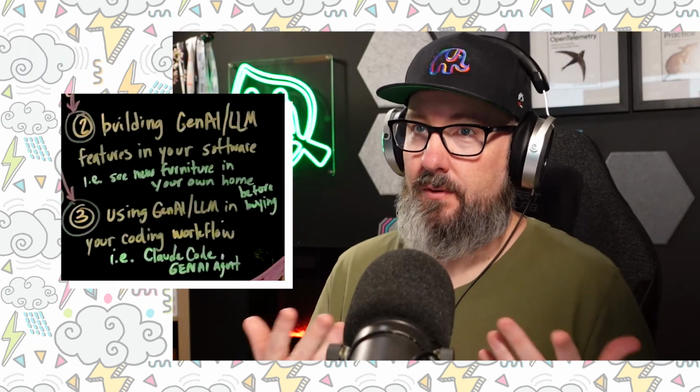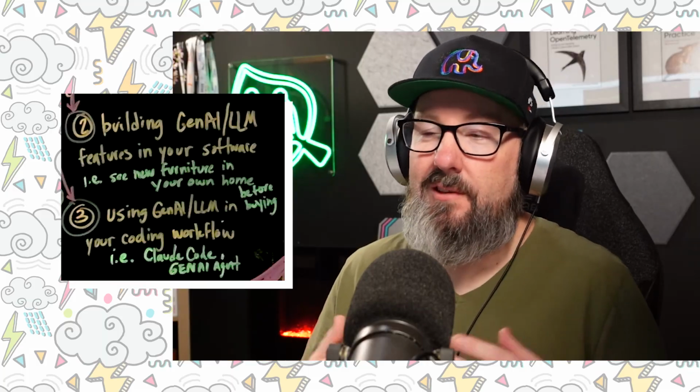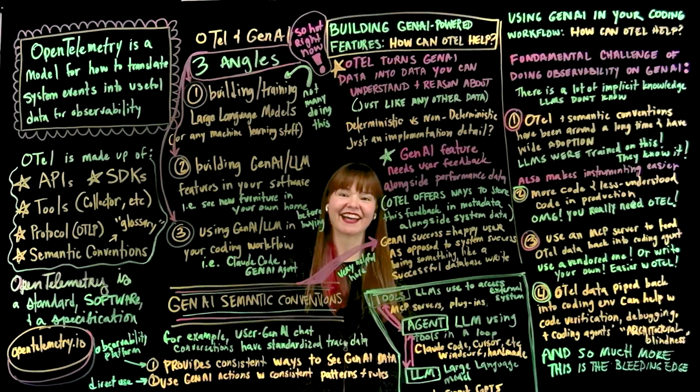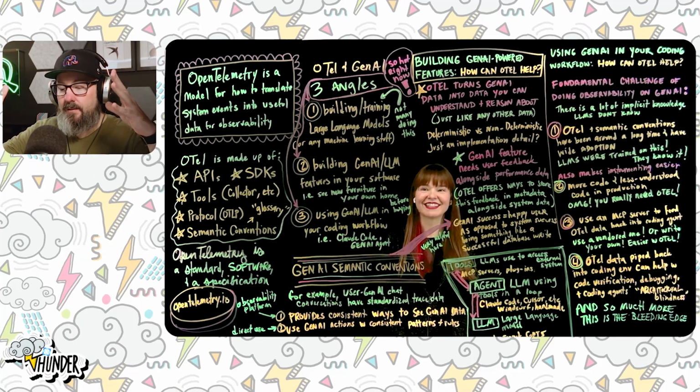And the first one is that you have some existing software, some existing product, and you're adding in generative AI features to it. So you're adding a chatbot to your website or to your documentation. Maybe you're adding something that shows you what a couch looks like in your house. That's one thing. That's pretty popular these days. A lot of people are doing that.